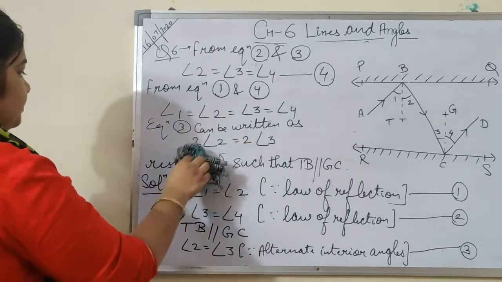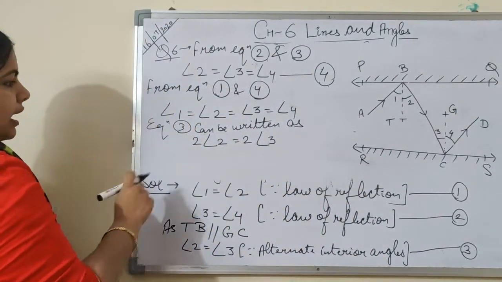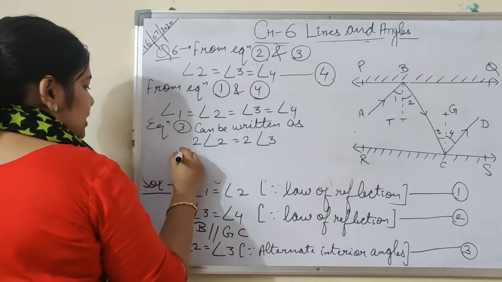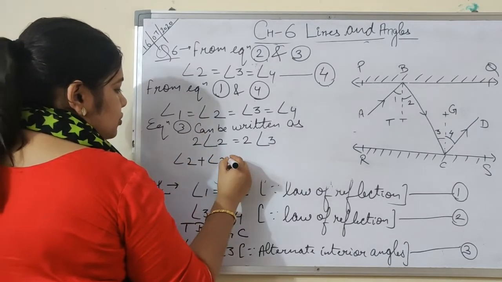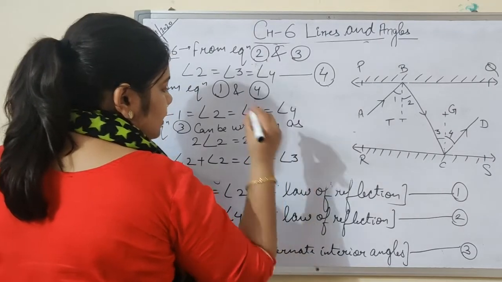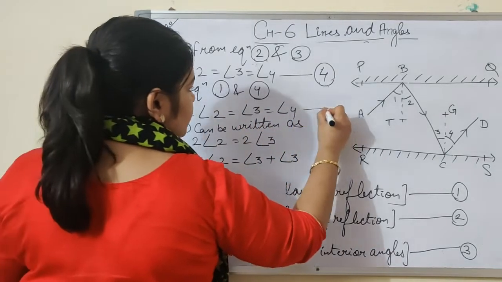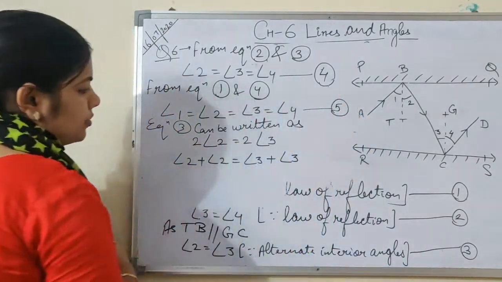Now further, I can split twice of angle 2 as angle 2 plus angle 2 and twice of angle 3 as angle 3 plus angle 3. Now I will be using equation number 5 according to my need.